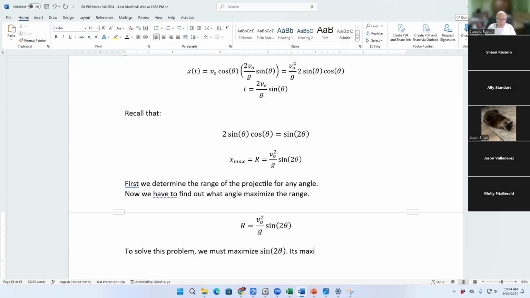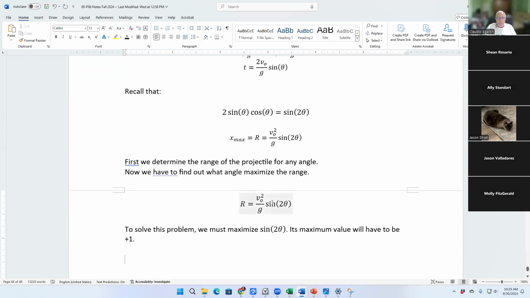Its maximum value will have to be plus 1. Okay. So here you go. Whenever sine of 2 theta is 1, we maximize the range. And now we have to find out which angle theta provides this value of 1, right?